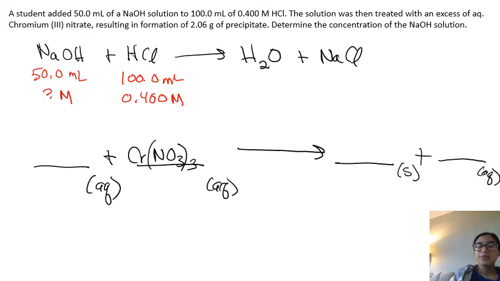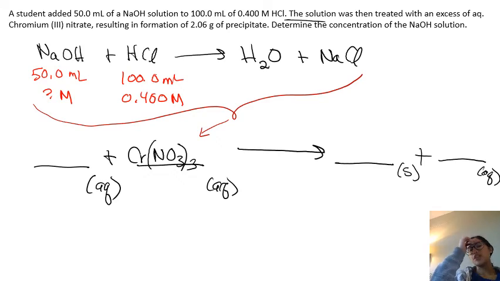So we need to keep in mind that it says that the solution was treated. So when they say the solution, that means everything. So whatever happened here, all of that is now getting treated with your chromium nitrate. And another important note is that we're never told what is limiting in this first part of the problem.